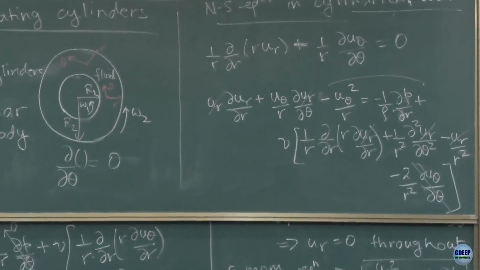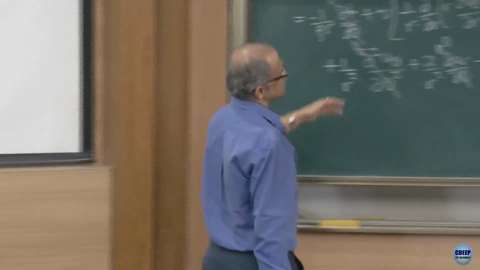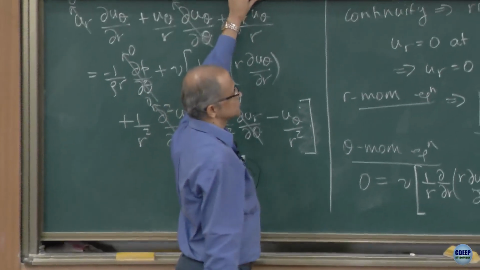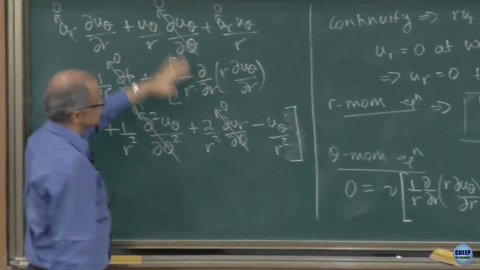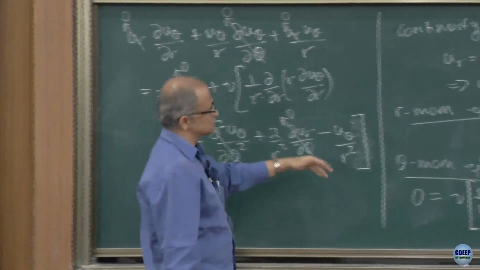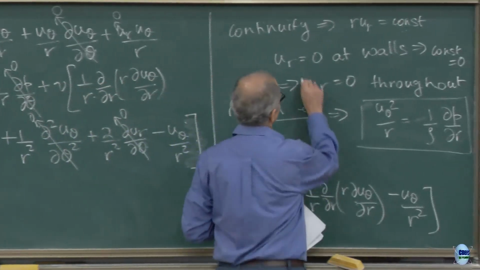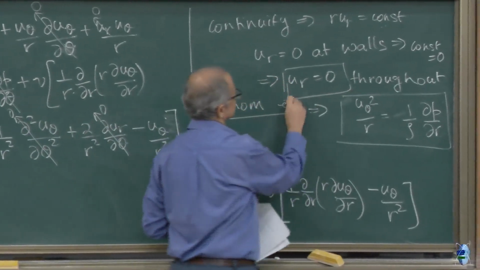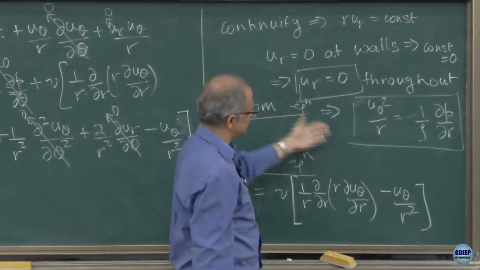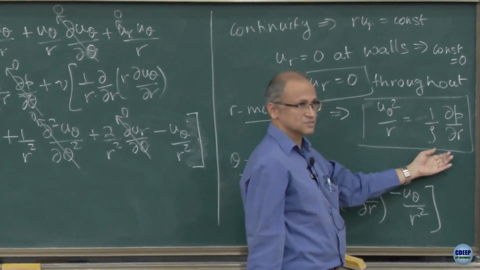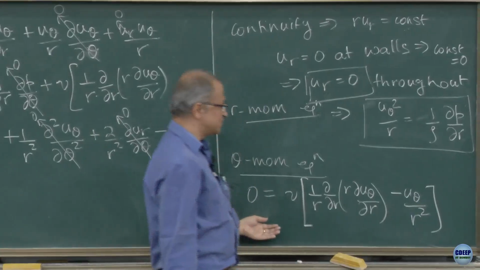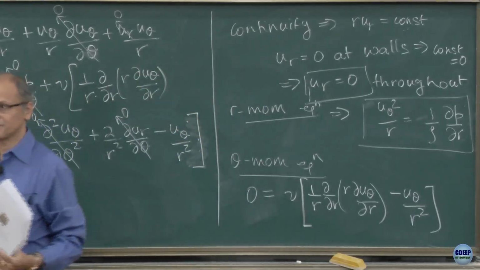You can also put the unsteady term, which I have deliberately removed, just to remove a few terms from the equation. But you can see that it reduces to very simple solutions. u_r is equal to 0, that's what you get from continuity. From the r momentum equation, this is what you get, and from the theta momentum equation, this is what you get.